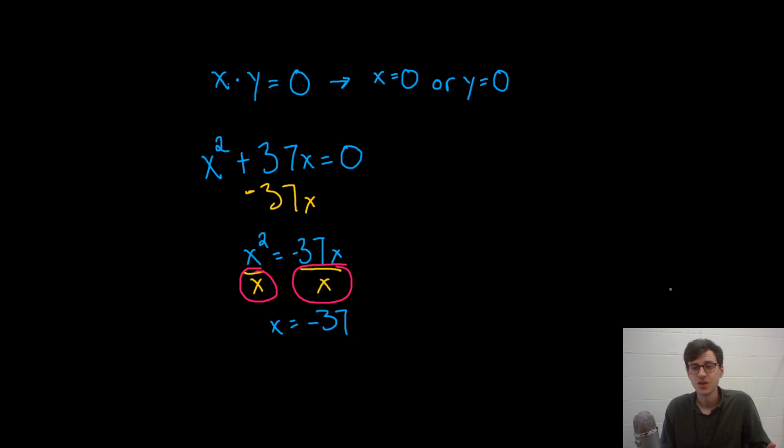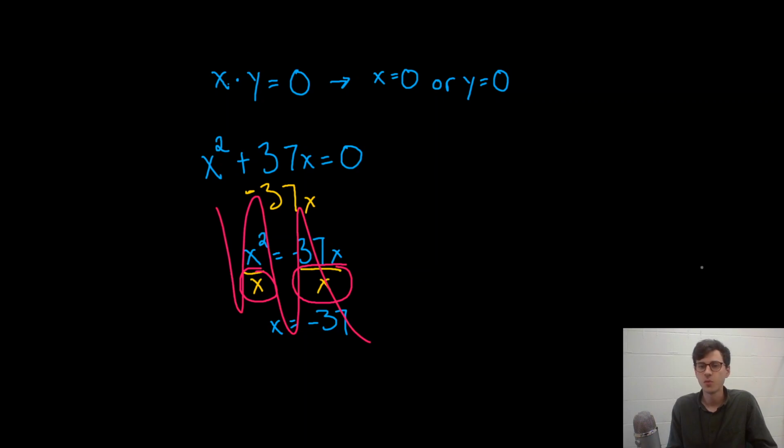And here's a hint. x could be 0, right? What if x was 0? Then you'd be dividing by 0, and that's chaotic. So instead, let's use the zero product property to our advantage. So we're going to factor and then use the zero product property to solve this question.